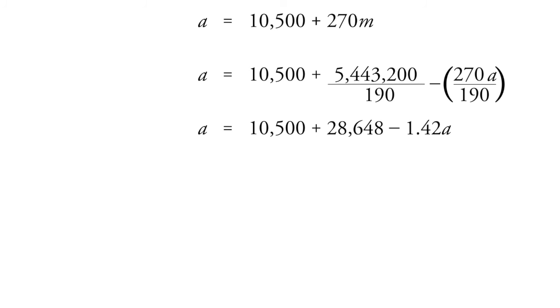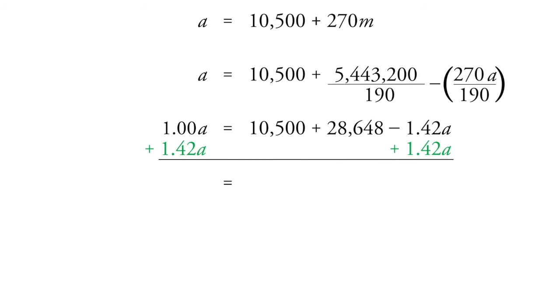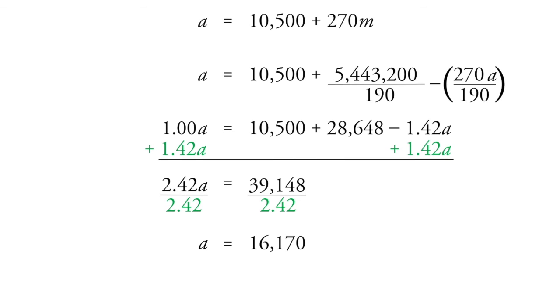Then we'll take that negative 1.42a, and we'll add 1.42a to both sides. So then on this side we get 2.42a is equal to, and we'll combine these two numbers, and we get a value of 39,148. Divide both sides by 2.42, and we get a number that looks like about 16,170.